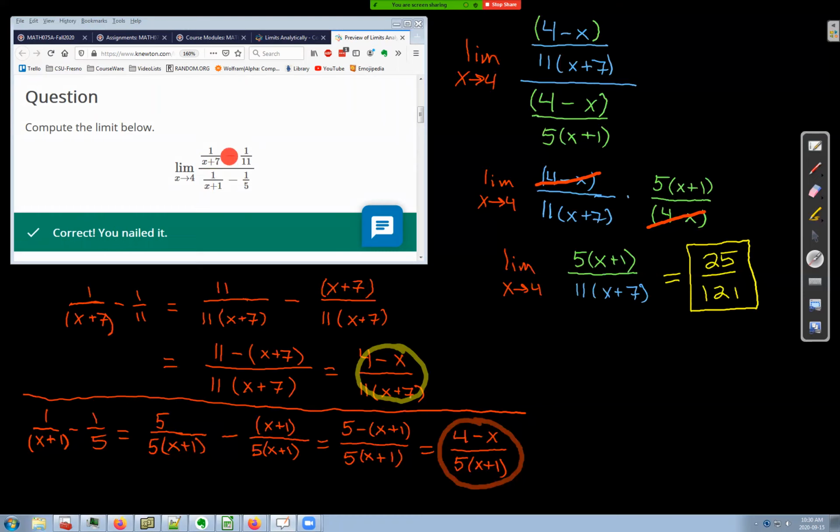We simplified this expression, and it turns out when the smoke cleared, this complicated fraction was really just equal to this simpler fraction. And once we had it simplified, then it was safe to plug in 4, and we got an answer. And so when you're simplifying these fractions, just try to do it one piece at a time and show all your work.